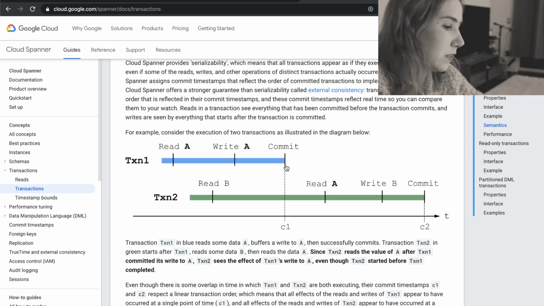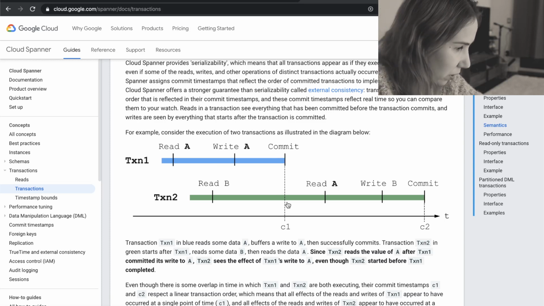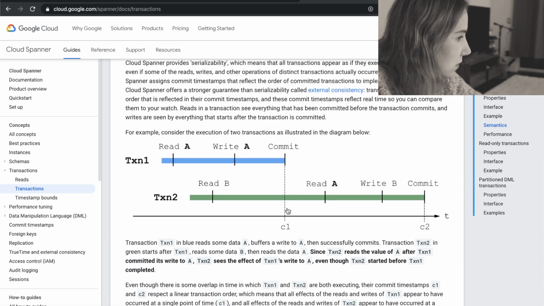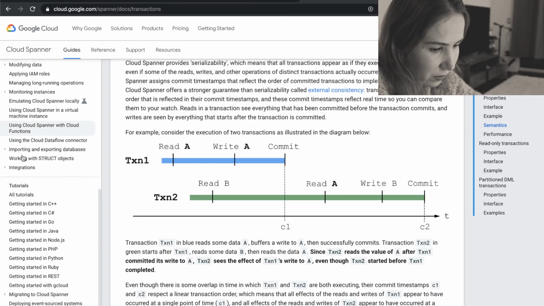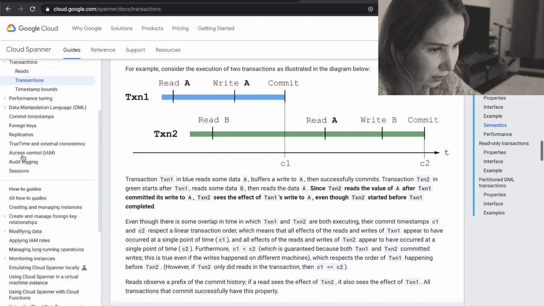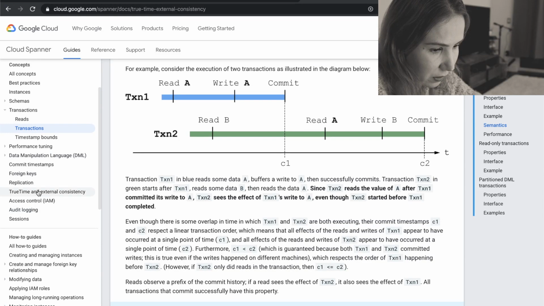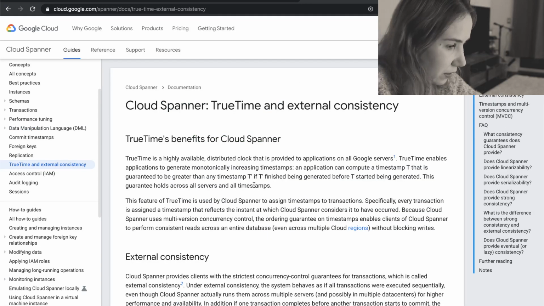And this type of feature has a lot to do with proper clocks, which is Spanner's biggest differentiator. It uses something called TrueTime. And there are some white papers on this, and I can briefly go over them. There are already some articles here.